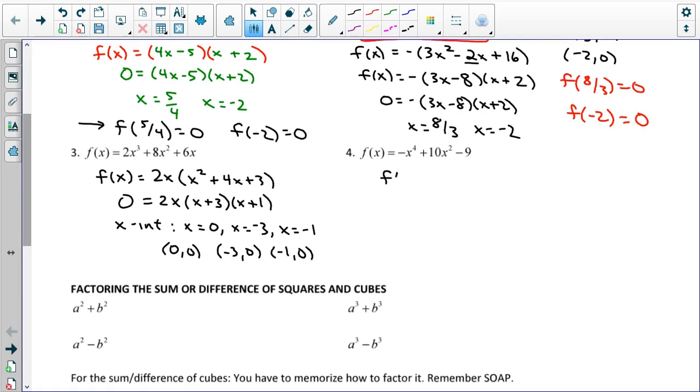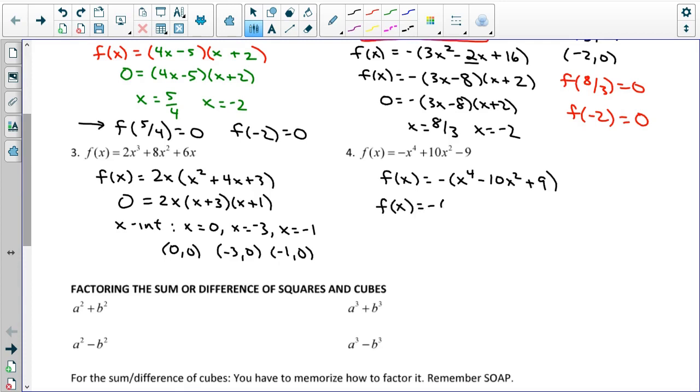Let's factor out a -1 to start. So x to the 4th minus 10x squared plus 9. This is something that we've talked about last unit on some worksheets, when we have something with x to the 4th and x squared but no other terms. What we can do is treat this like it's a quadratic.